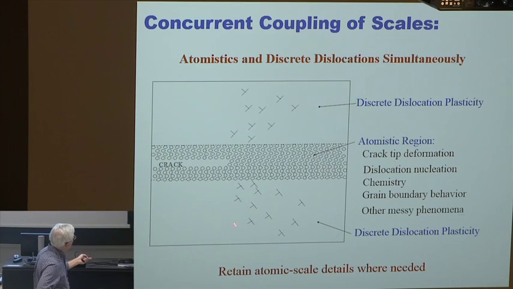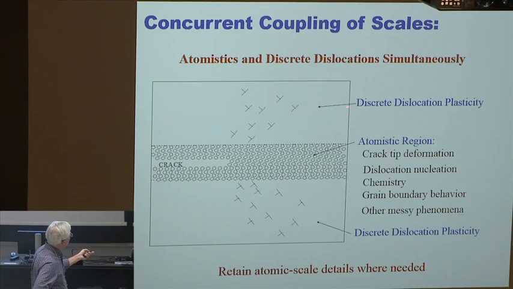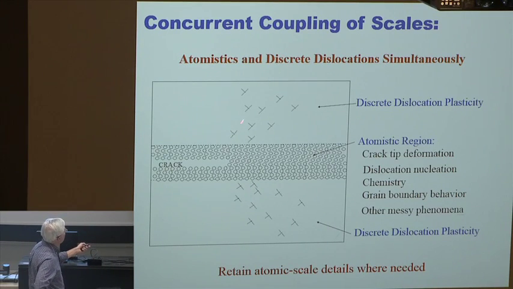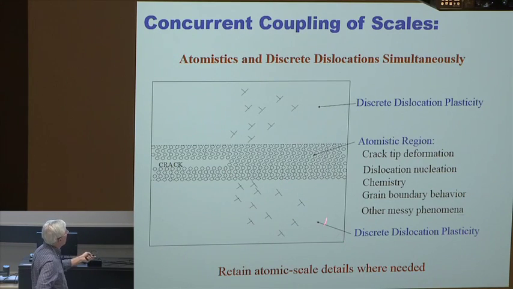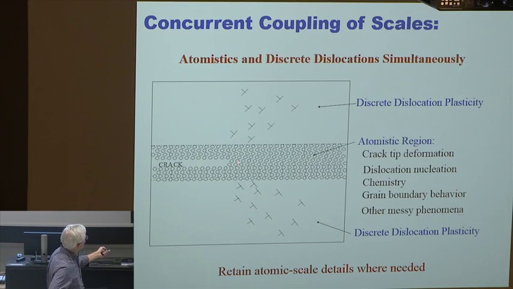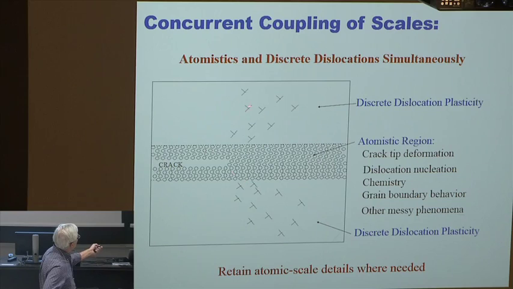And outside of that, at some larger scale, we're going to have discrete dislocation plasticity, where the only thing that can happen is dislocations can move back and forth through the material, giving us plastic strain due to dislocations. So the plastic behavior out here is very important. All of the non-dislocation plasticity stuff is confined to some region here in the atomistics.